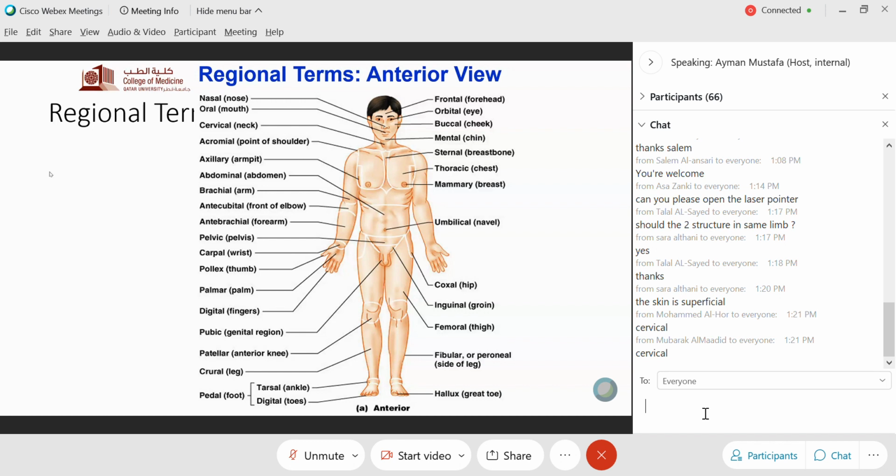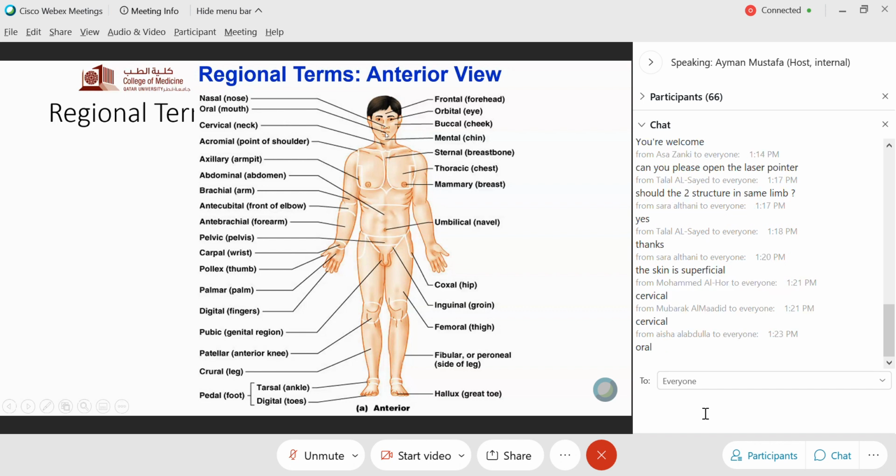For example, you all know that this is the nose. But if I want to describe something in anatomy, I will use the word nasal. So the cartilage in the nose, I will call nasal cartilage. Again, the mouth. All of you know the word mouth. If I want to describe a structure inside the mouth, I use oral, thank you.